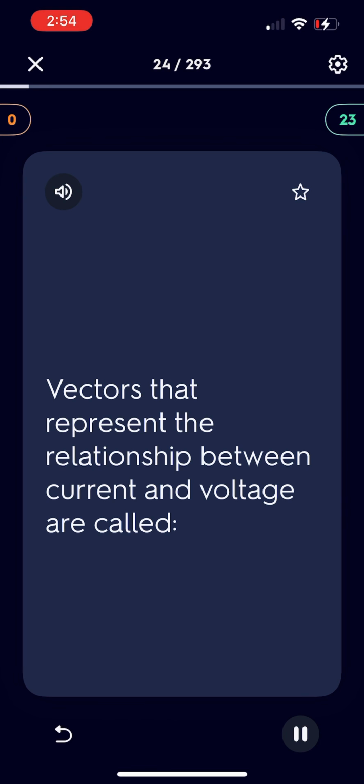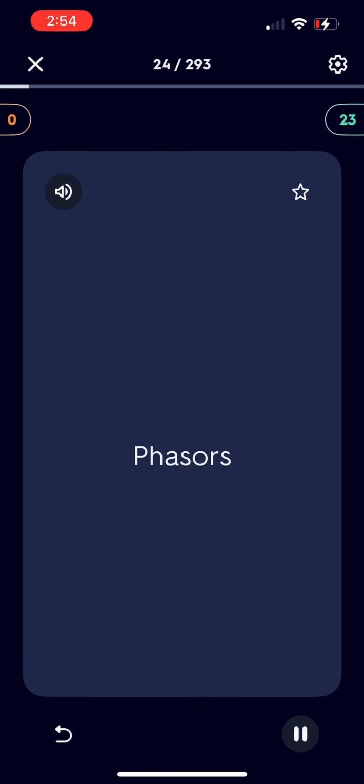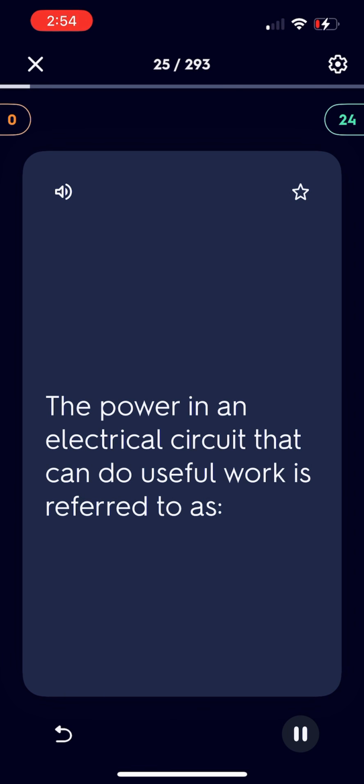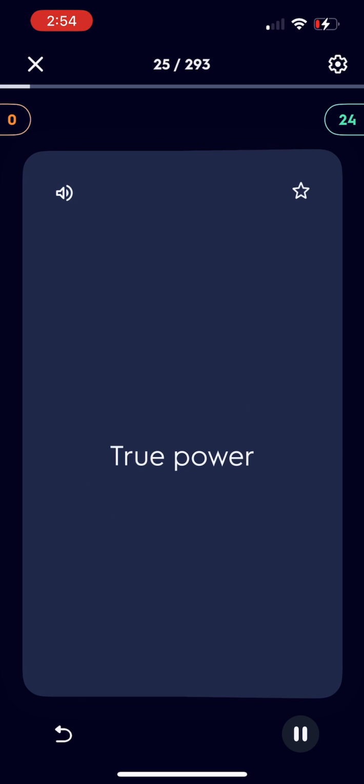Vectors that represent the relationship between current and voltage are called phasors. The power in an electrical circuit that can do useful work is referred to as true power.